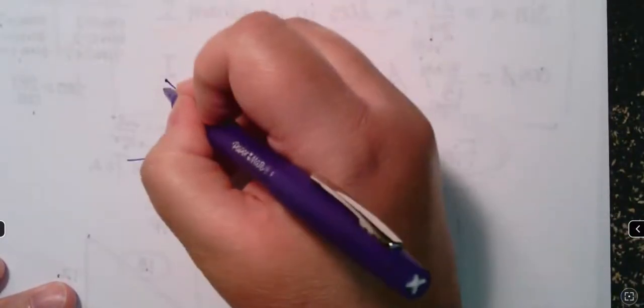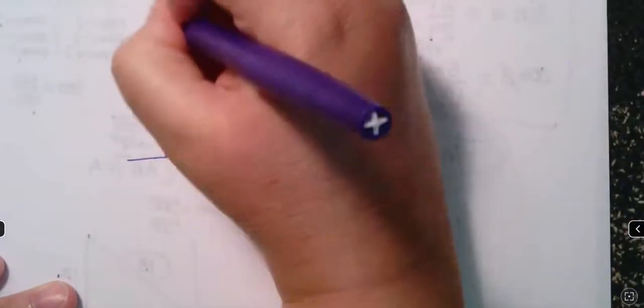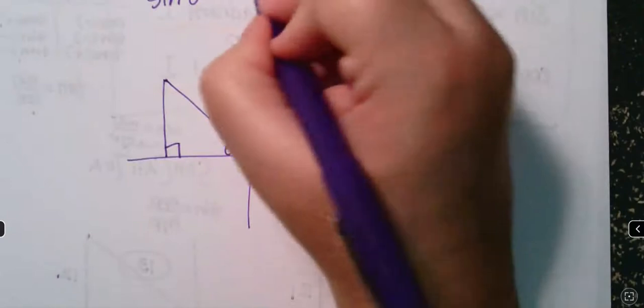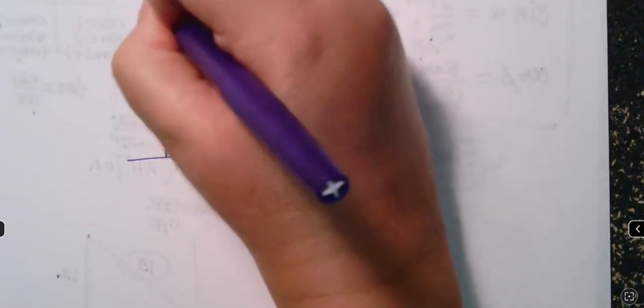and for instance, let's say the cosine of your angle is going to be negative square root of 3 over 2.